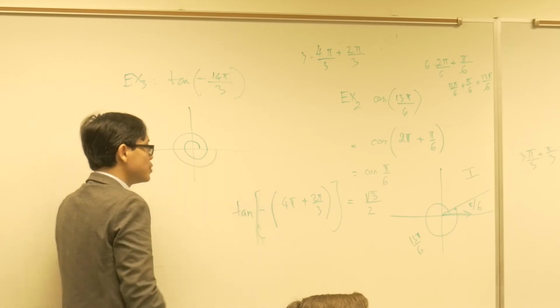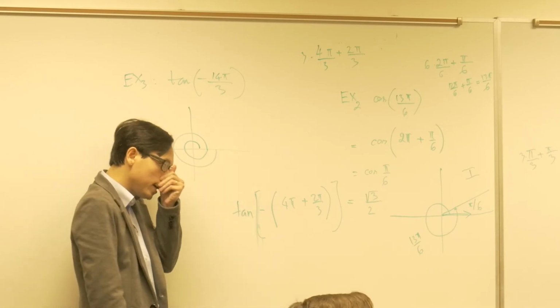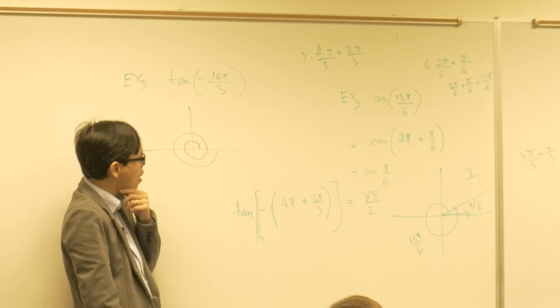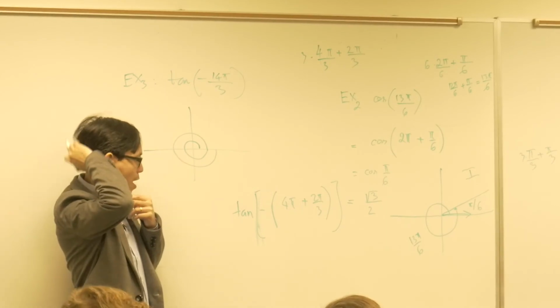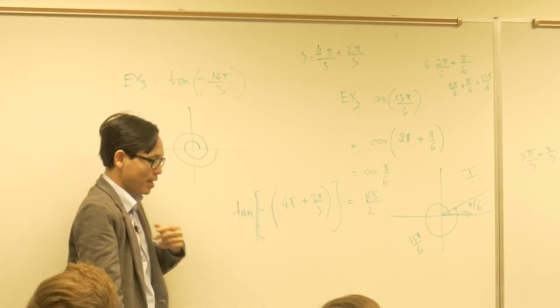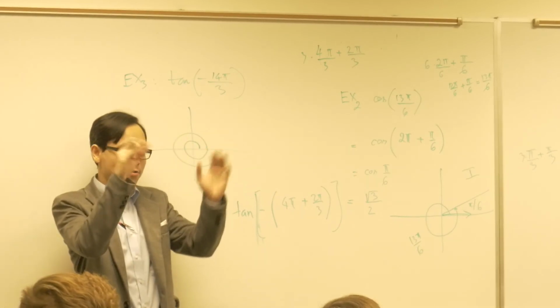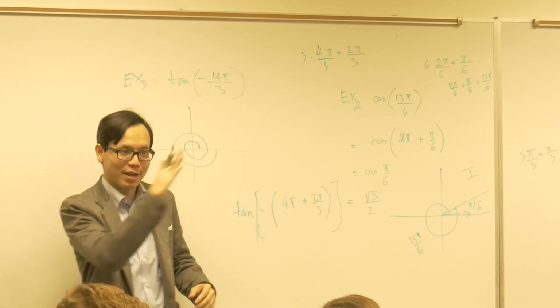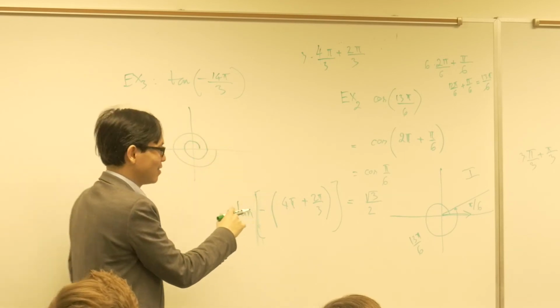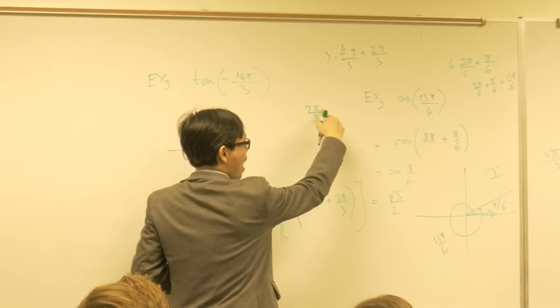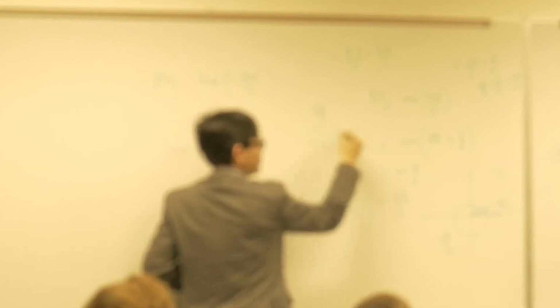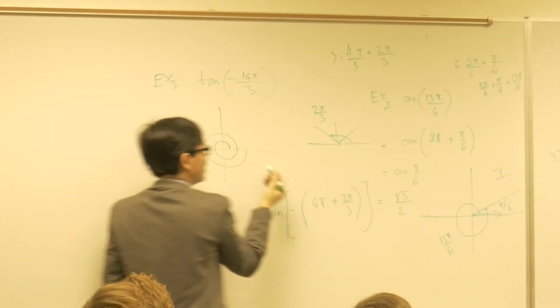Then we need to add 2 pi over 3 more. 2 pi over 3 means the whole pi divided into 3 parts, and you take 2 parts. So that's 120 degrees, and you take 2 parts right here. So you're going to go.